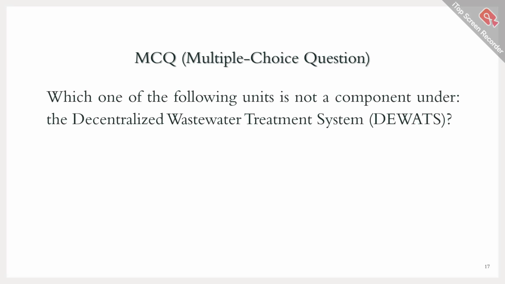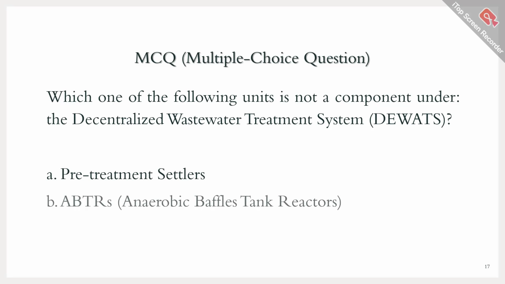Now we'll move on to our next MCQ. Which one of the following units is not a component under the DWATS? The full form is decentralized wastewater treatment system. Option A is pre-treatment settlers.